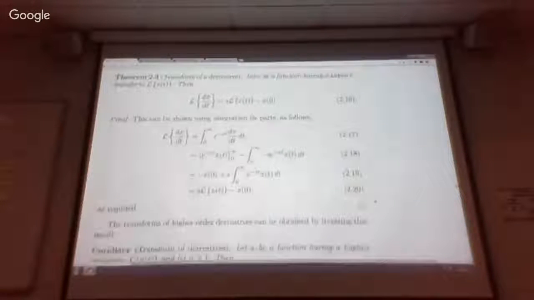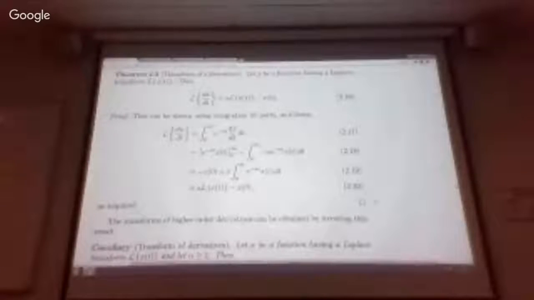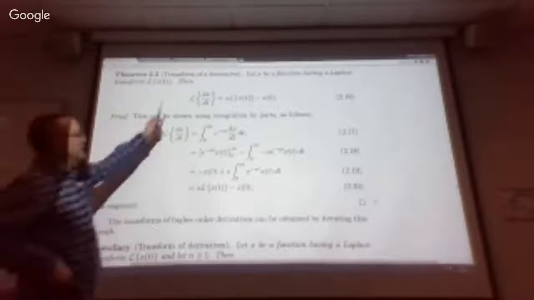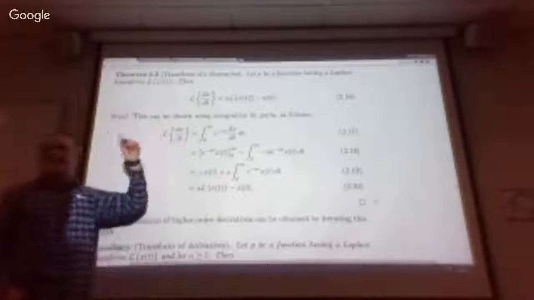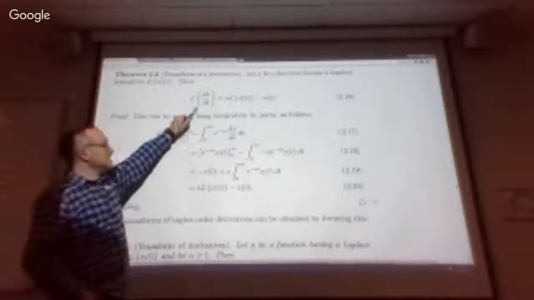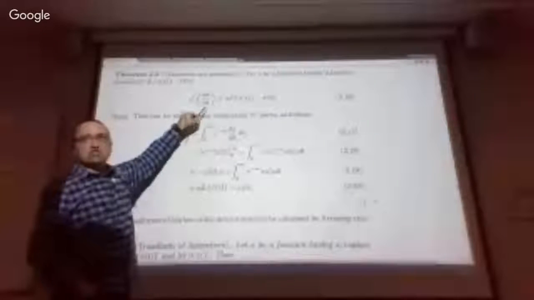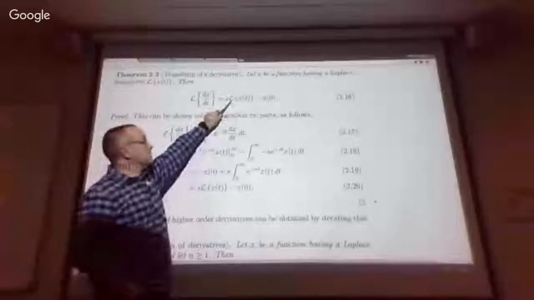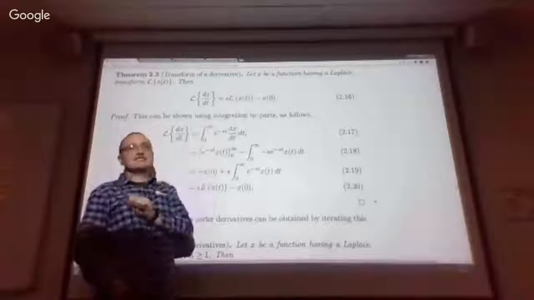This property here is crucially important for the whole enterprise. We want to be able to solve differential equations. Differential equations, by definition, feature derivatives of the unknown function. This property here shows us exactly how the Laplace transform of the derivative of a function relates to the Laplace transform of the original function itself.